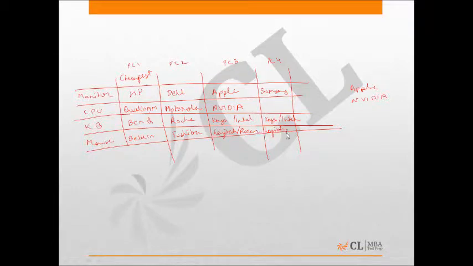My table is filled like this, and now I can start answering the questions. The only thing left is the CPU of Samsung monitor. The only left CPU is Sun. So this is my table. I can go ahead with the questions.